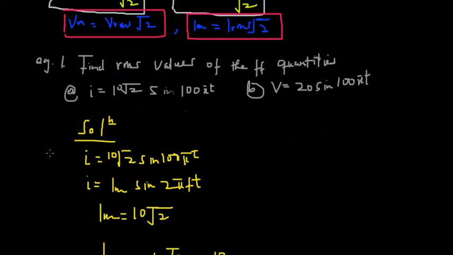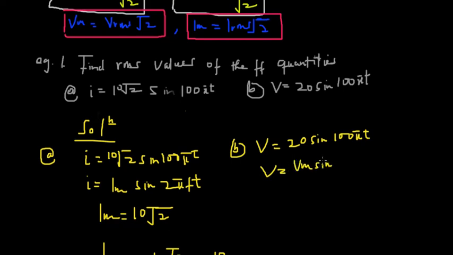So from here, these are A and these are B. You know that V equals 20 sine of 100 pi t. From the same principle, we know that V is equal to Vm sine of 2 pi f t.